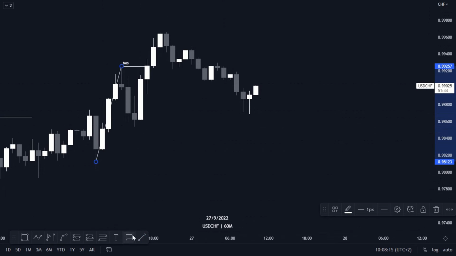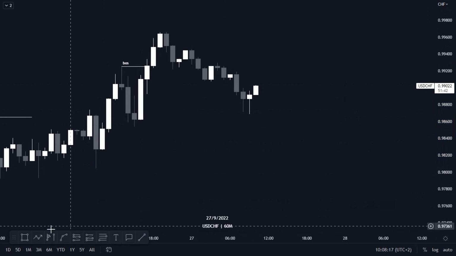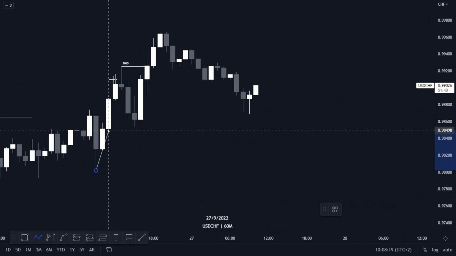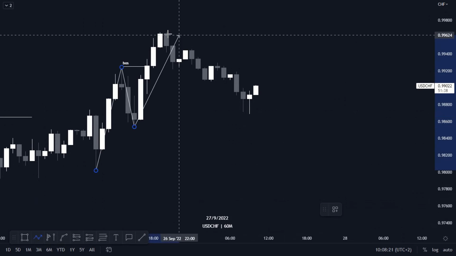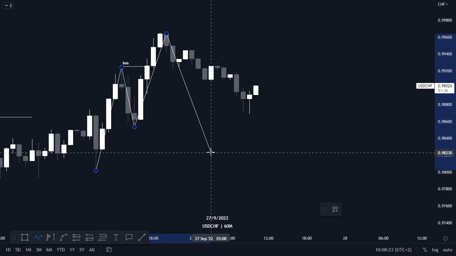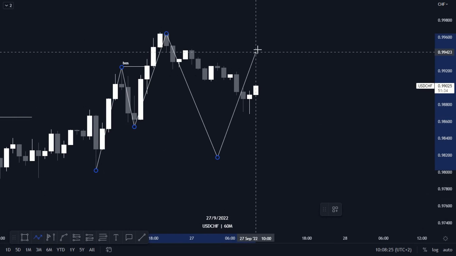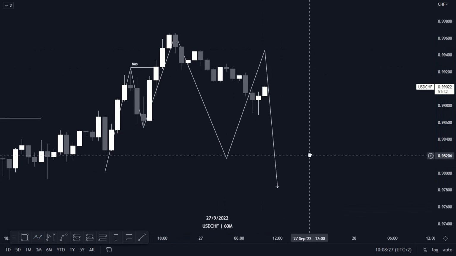What's happening now? Oh, we have this breakout of structure here, and we're going to need something like this, and then a change of market character like that.